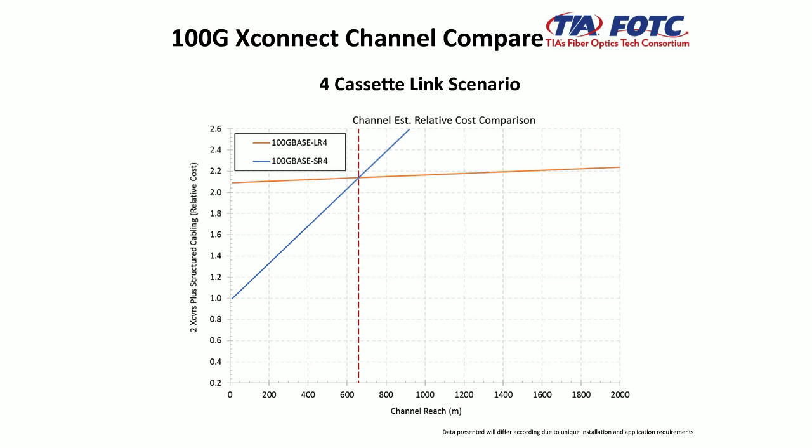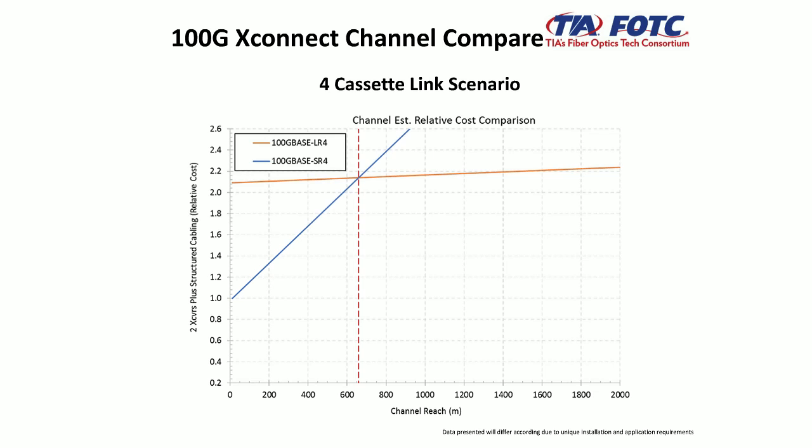So I started with probably a 2.9 multiplier just on the 100G LR4 to SR4. So just the transceiver is about 2.9 times more expensive. But when you add in the components, it brings it down to about 2.1. You can see that in the red line there.